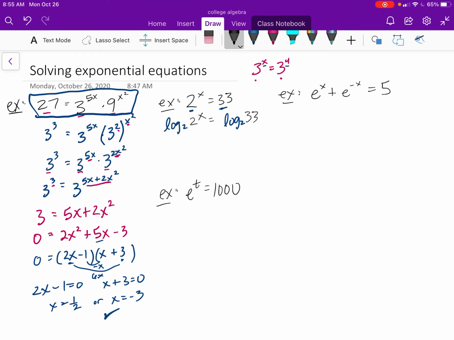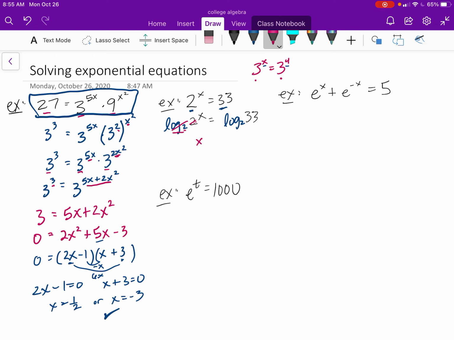So why did I choose log base 2? Because we had a rule from another section that said if I have log base 2 of 2 to the x, if the bases match, I could think of these as canceling, and I just get x.